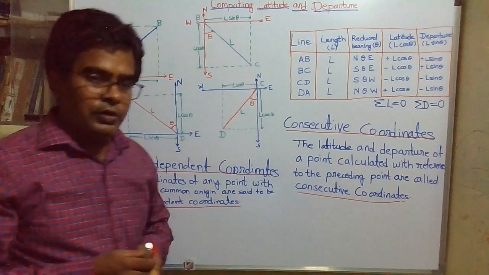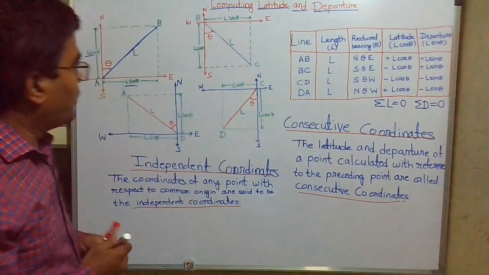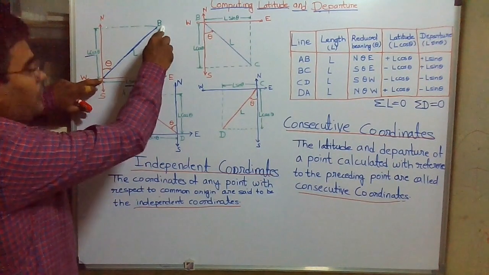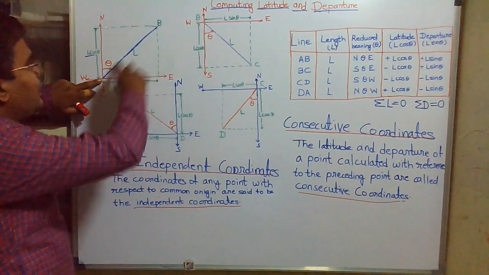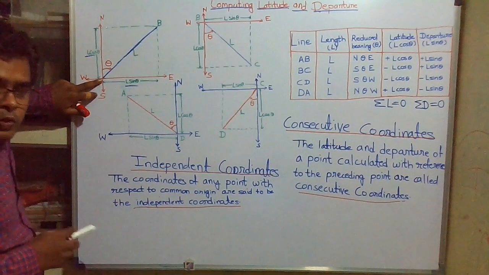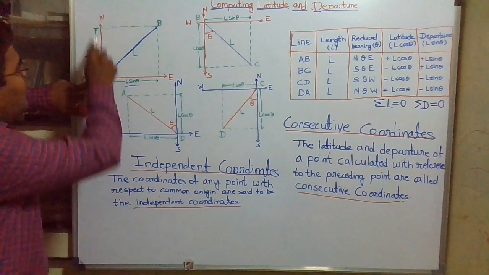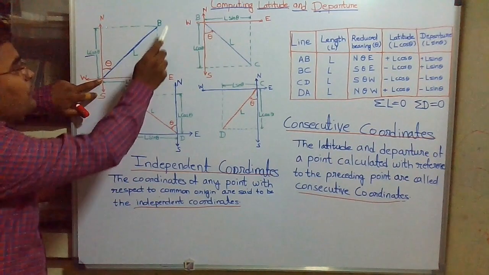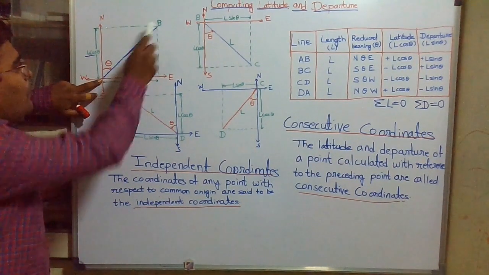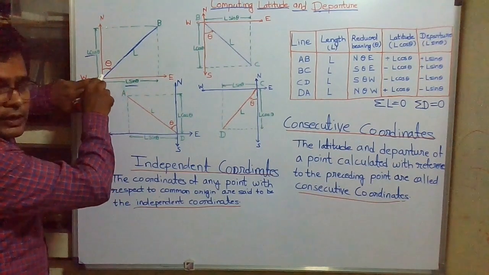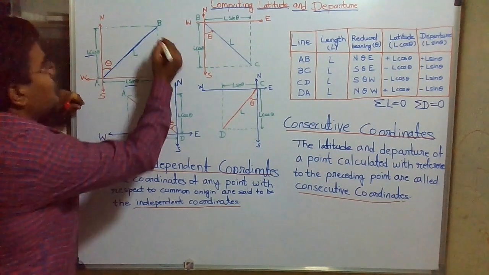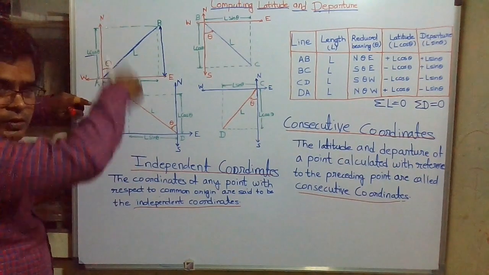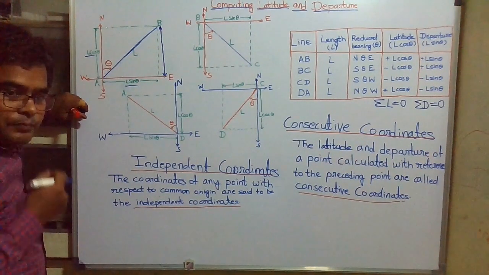Okay, so as I explained earlier, this is point A, this is point B. This is our line AB. Here, what is latitude? Latitude is L cos theta, that is the distance of point B from point A, the distance parallel to the y-axis or parallel to the north.